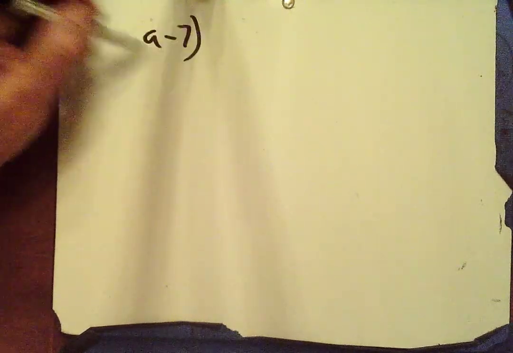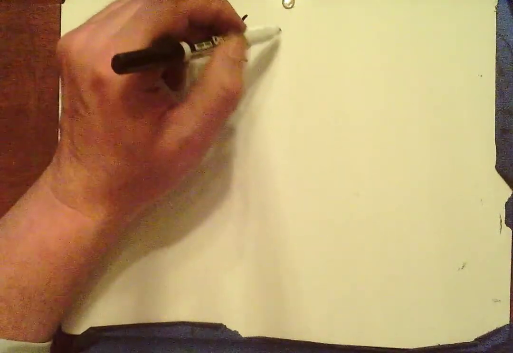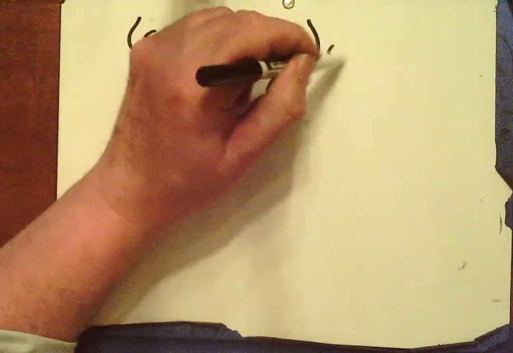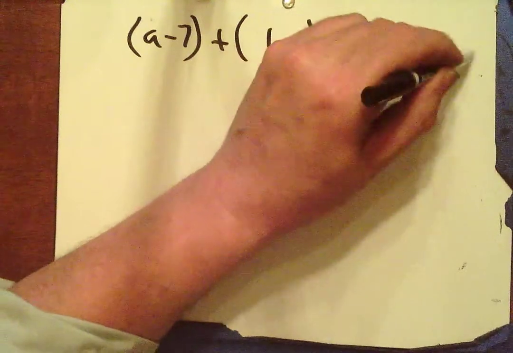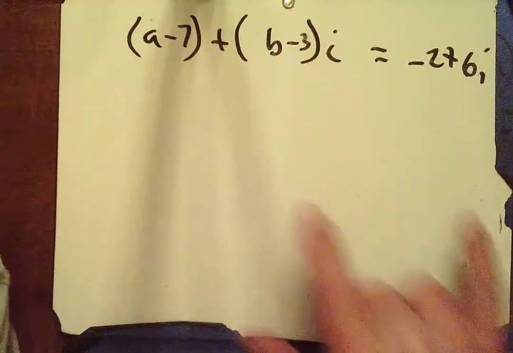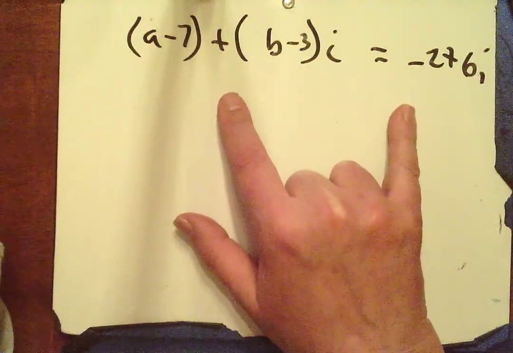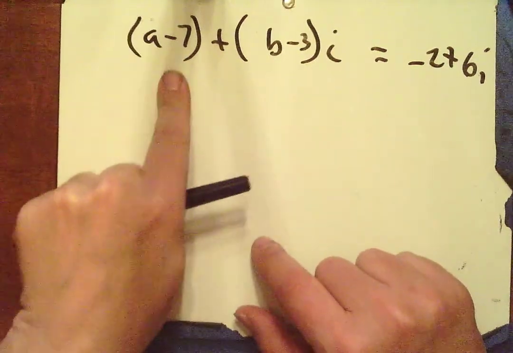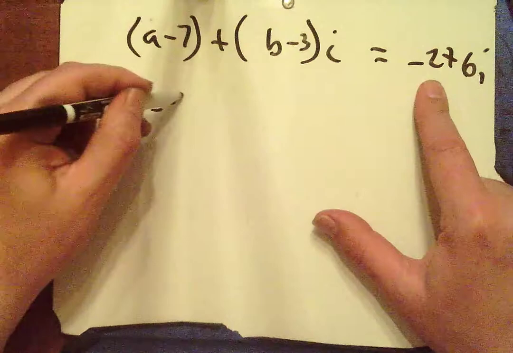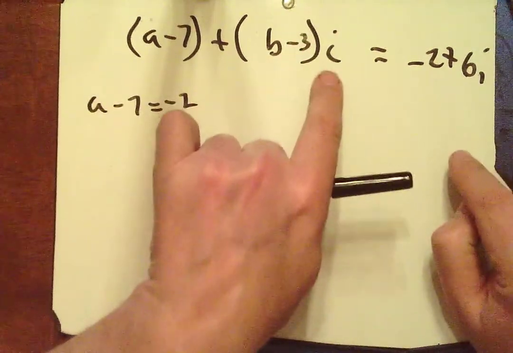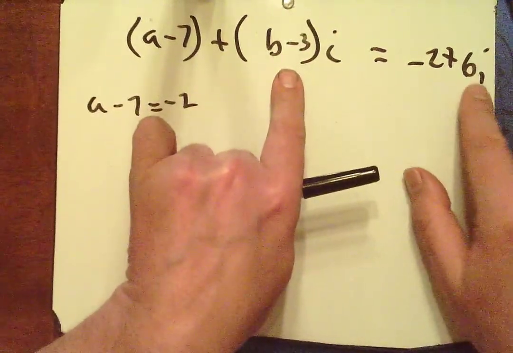16. Write the numbers a and b that make the equation true. We've got a minus 7 plus b minus 3i equals negative 2 plus 6i. And remember when we talked about complex numbers in that video, we said, look, the real part has to equal the real part, and the imaginary part has to equal the imaginary part.